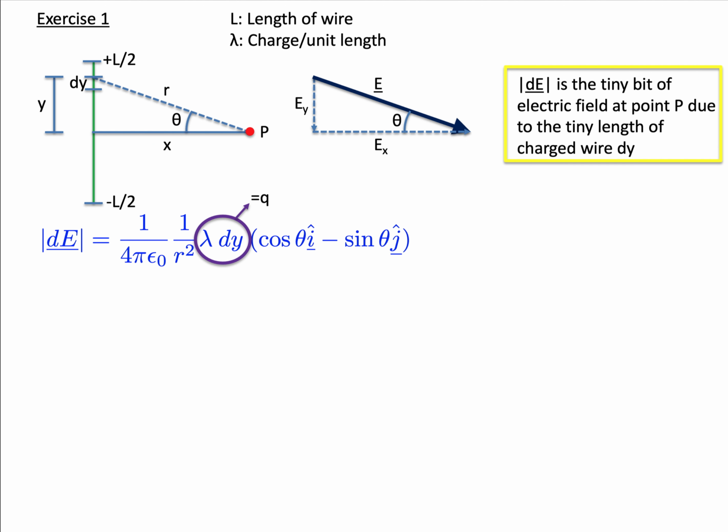What we mean by that is that the top of the wire will produce an Ey at point P that is pointing down, and that is quite big.